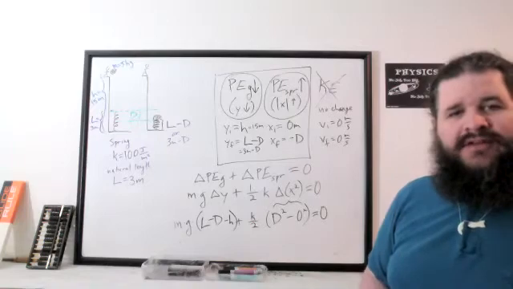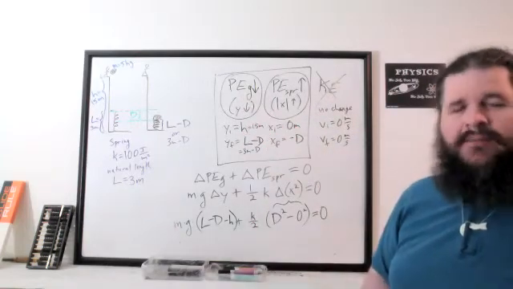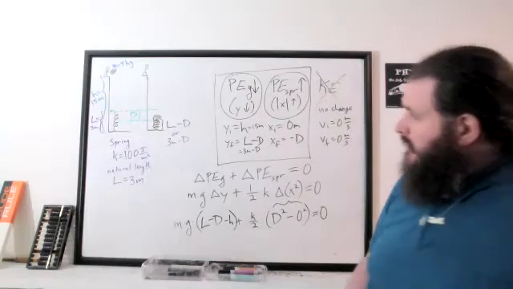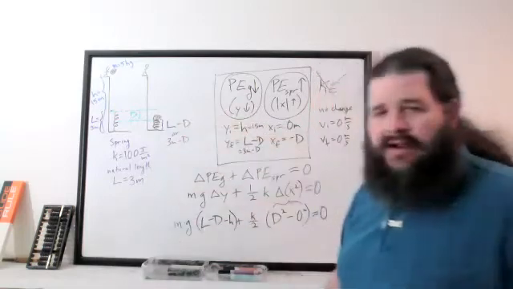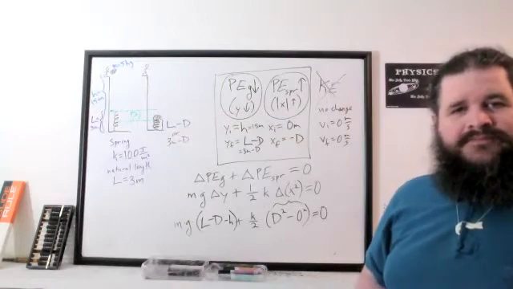So we should be able to solve that for d. That'll tell us how much the spring gets compressed, and therefore how far below 3 meters the rock ends up. Any questions on that so far?